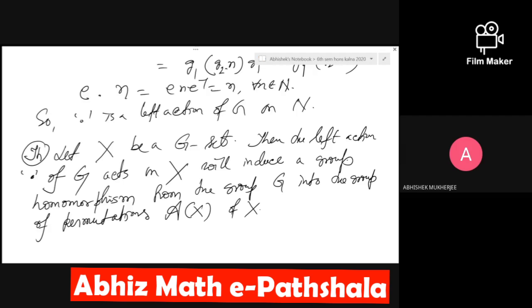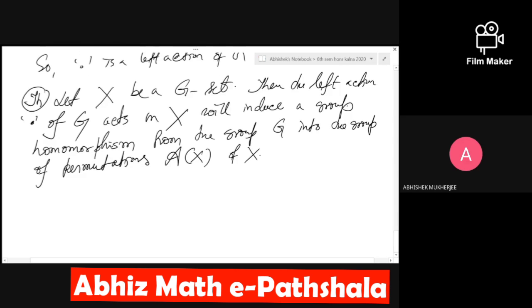So let us have a look at the proof of this theorem, how to define the group homomorphism.